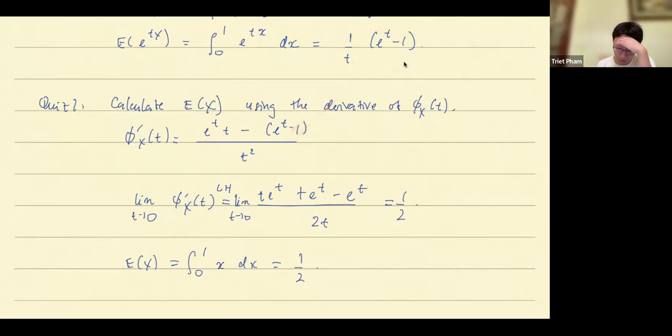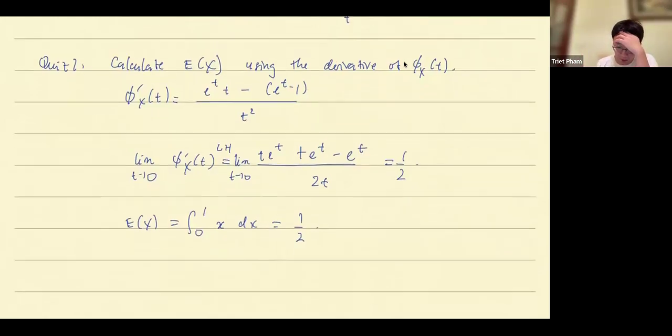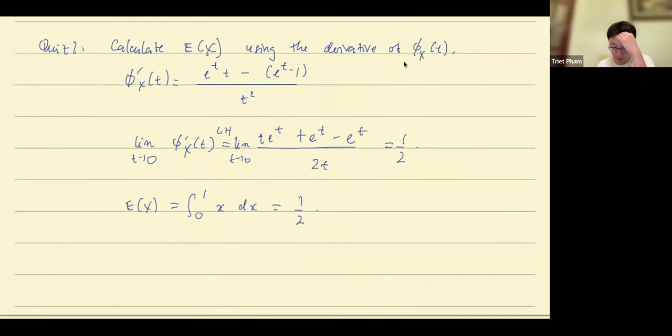So, for example, if you have to calculate the variance as the problem asked for, then the second derivative will involve more terms than the first derivative, and it's just not very pleasant to do this kind of problem. But anyway, that's a demonstration. Any question?